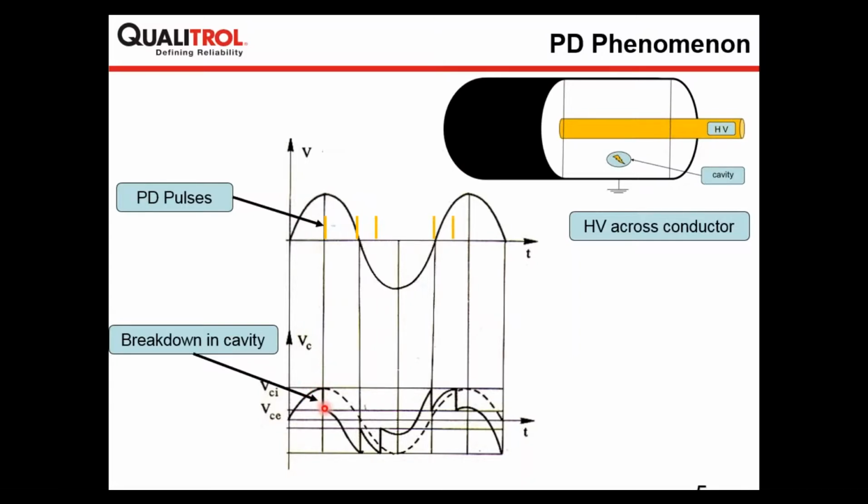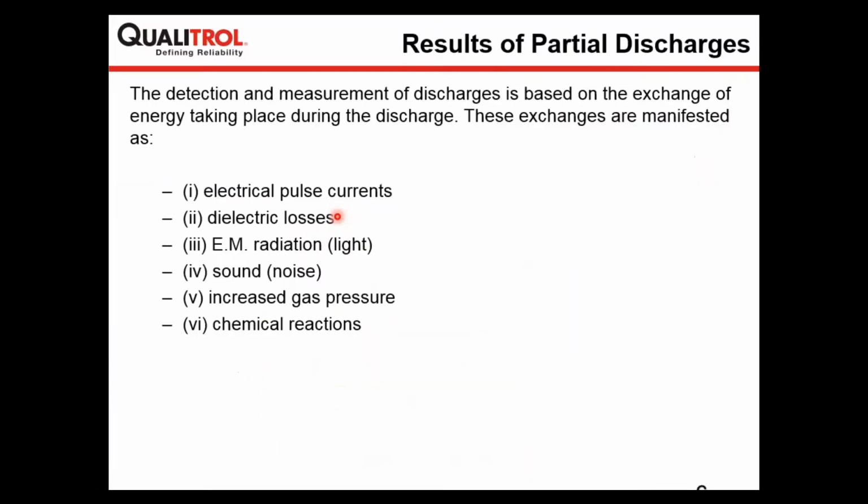As soon as it discharges, it releases its energy into different forms, and that gives partial discharges. It converts into electrical pulse currents, dielectric losses, light, acoustic noise, changes in pressure, and chemical reactions.